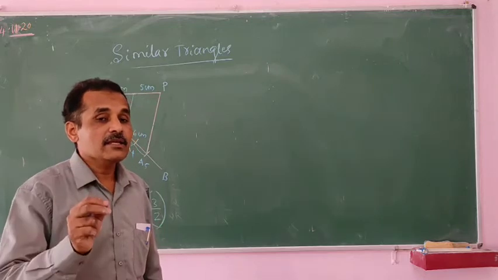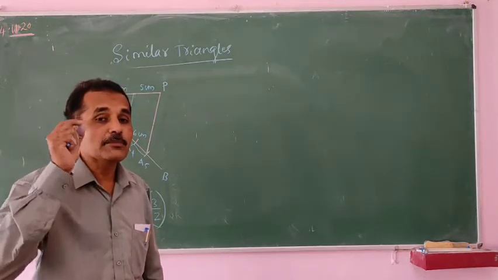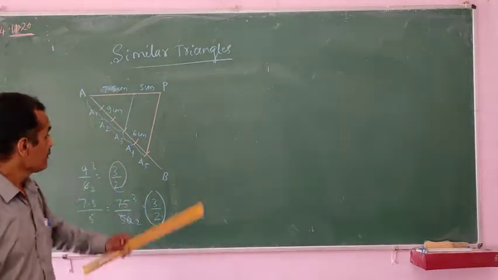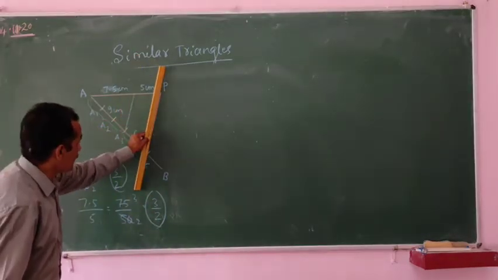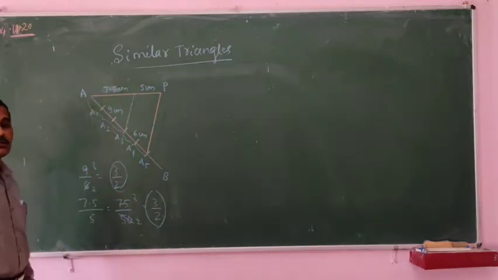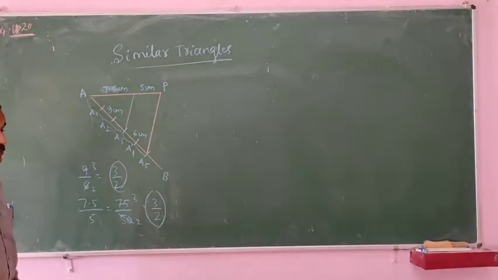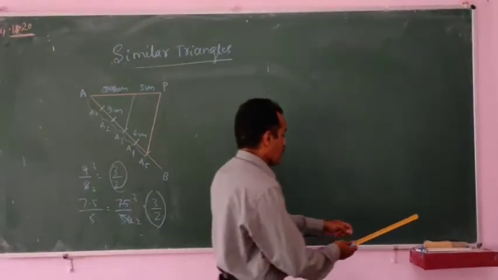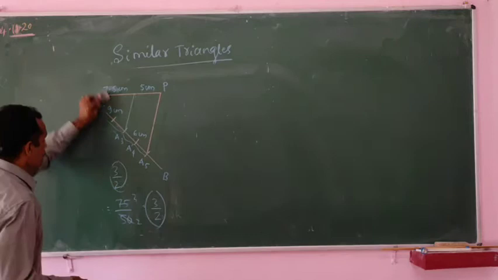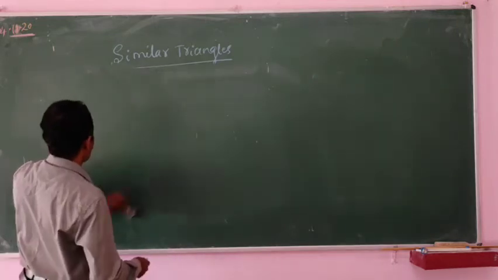But I can say this is one of the most important theorems in similar triangles. When the lines are parallel, the sides must be proportional. Okay, so let us go for the theorem which is called the basic proportionality theorem.